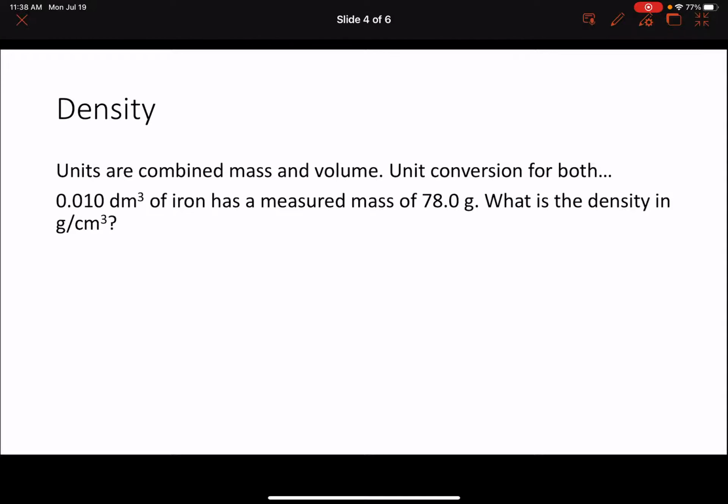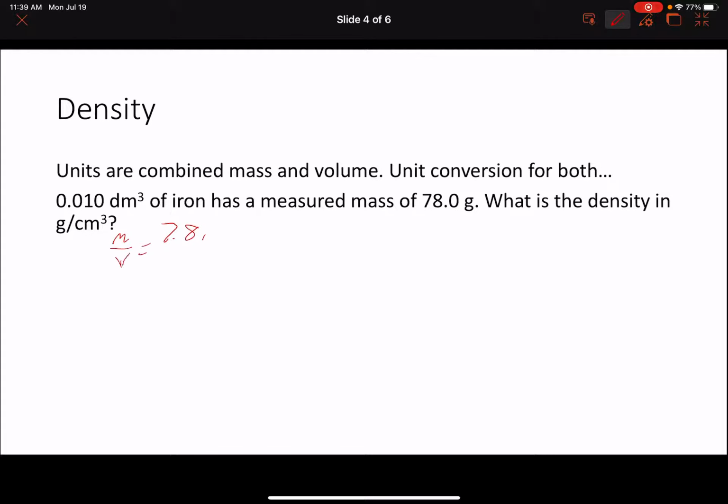We've got a problem with 0.01 decimeter cubed, which is a unit of volume, cubic side lengths. It has a measured mass of 78 grams. What's the density in grams per cubic centimeter, excuse me, not cubic meter? So we need mass per volume, right?